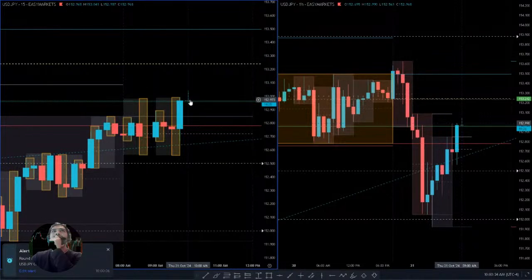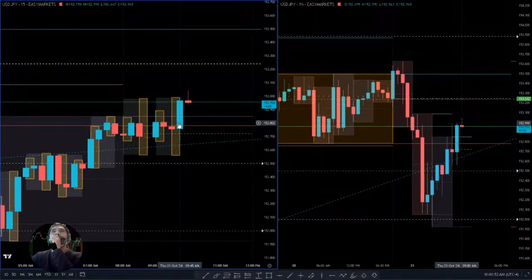Guys, if we have a rejection from this point to this point, it would be a perfect opportunity, because I don't want price to break out, since I kind of missed this move because I had to go somewhere. But as I came back, because I was totally into this move, I was looking at this move, guys.